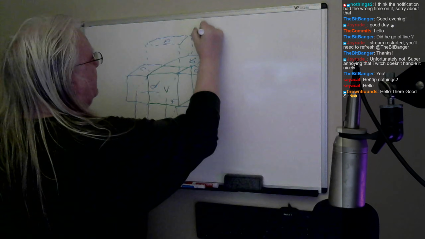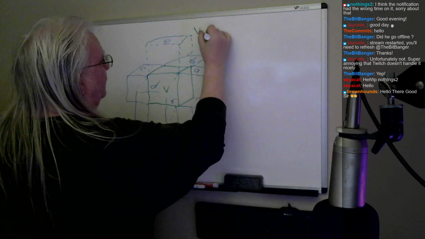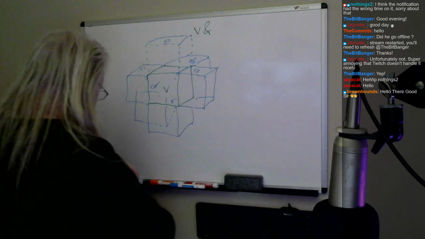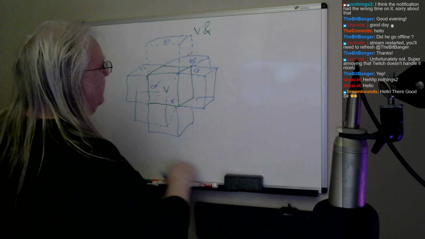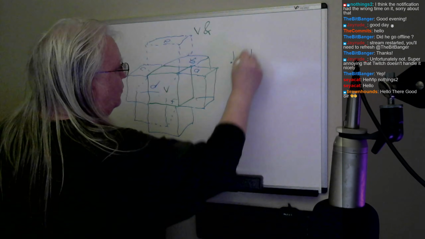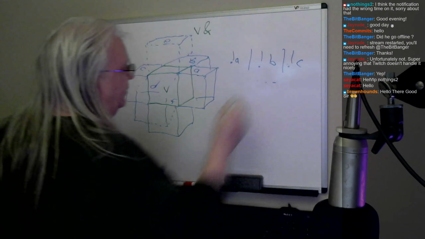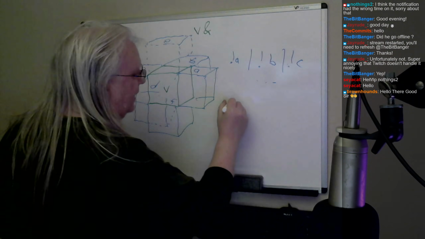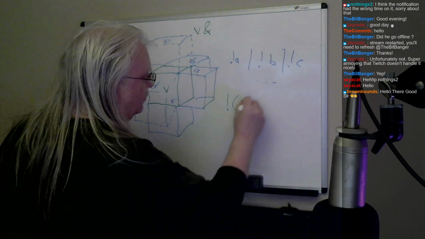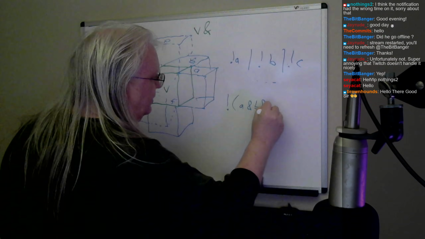So V is true, and either not A, or not B, or not C, etc. We can apply De Morgan's law to that, and that becomes not (A and B and C, etc.).